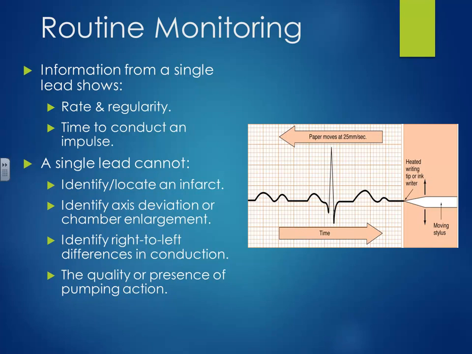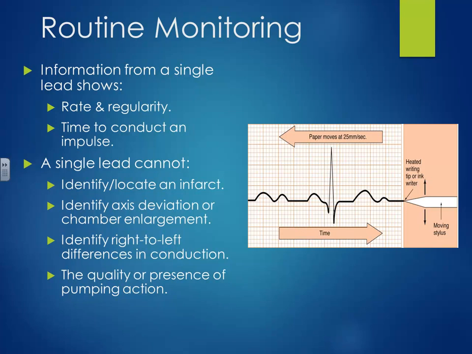And lead 2 reads from the right arm, which is negative, to the left leg, which is positive. So if you've got your heart right here, your SA node's sitting kind of right here, then AV node and your bundle branches. We're going to get probably the closest look at the anterior, the outermost part of the electrical conduction system. Does that make sense? That's why lead 2 is usually the most reliable for just a quick look.